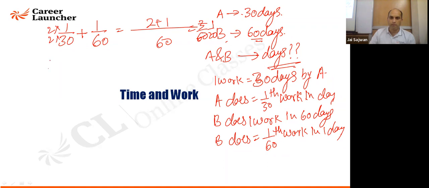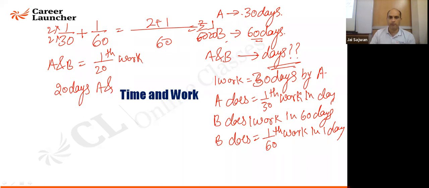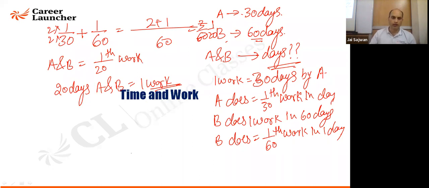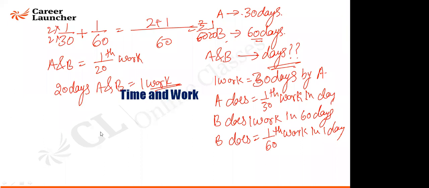So both A and B are able to do 1/20th of the work. So can I say in 20 days, A and B would be able to complete one whole work? Is that fine, clear? Okay, take your time, think on it, ask me if there is a query.